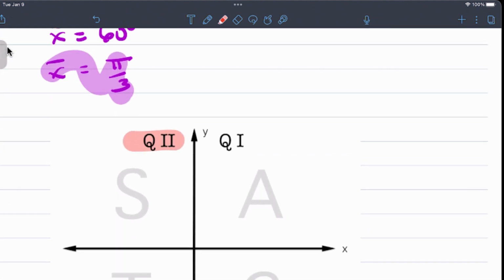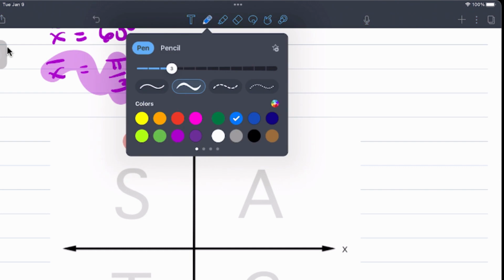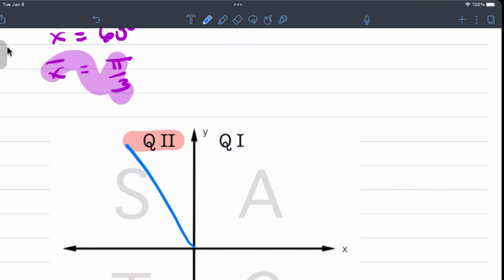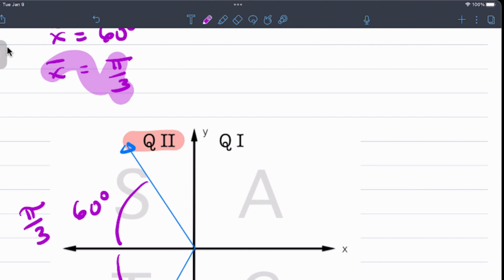And our reference angle is 60 degrees, pi over 3.